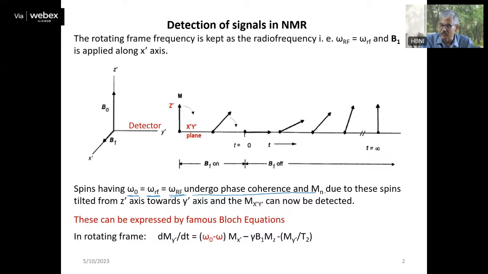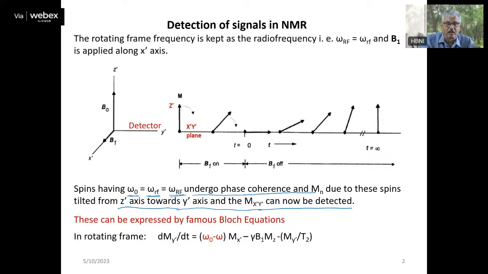The magnetization due to these spins is tilted from the z prime axis towards the y axis, that we know. So now the magnetization due to those nuclei is in the xy plane, and you can detect them.